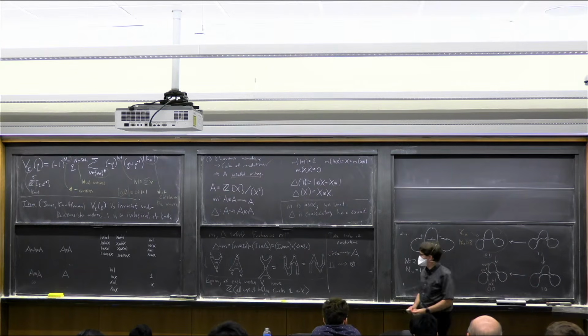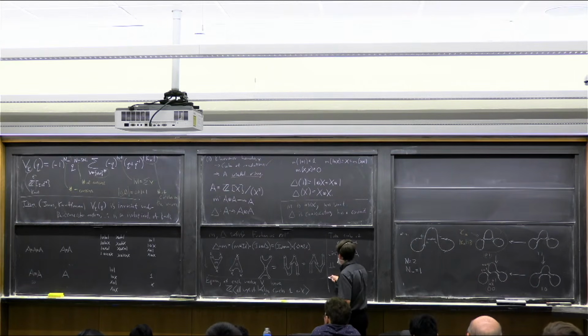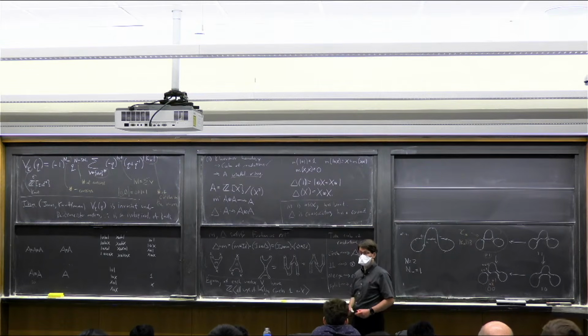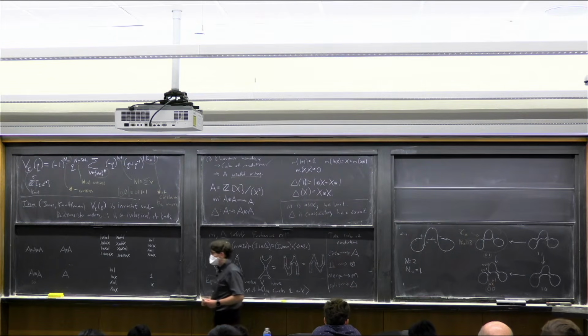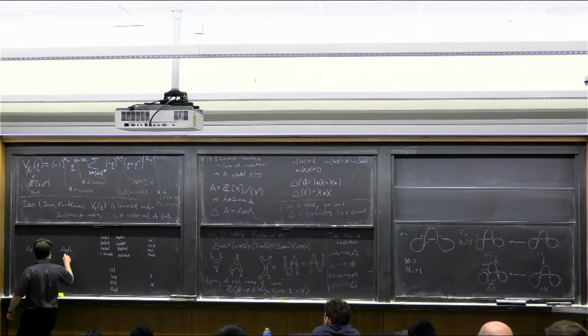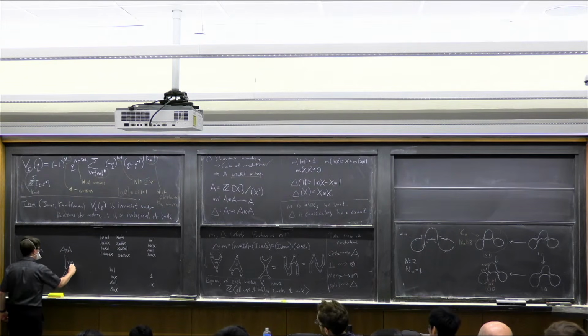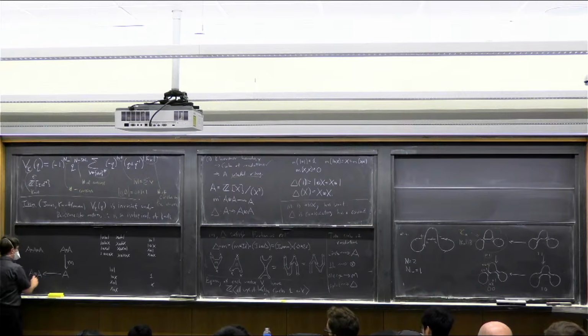If what happened was a merge, I'm going to apply the operation M. And if what happened was a split, I'm going to apply the operation delta, the co-multiplication. So here, two circles merged. This is an M. Here, a circle split. This is a delta.